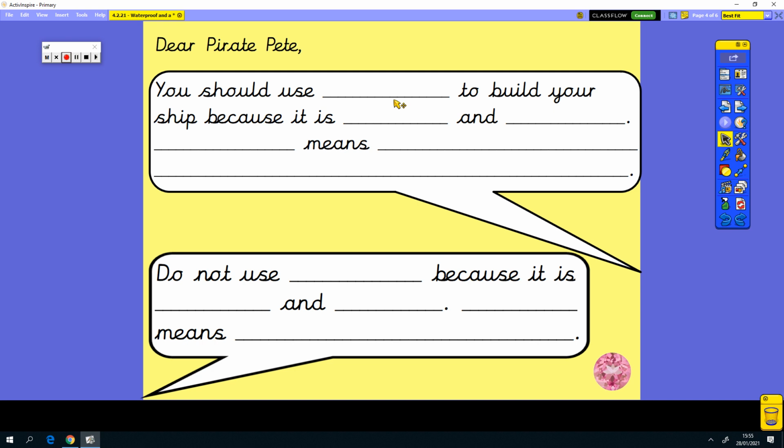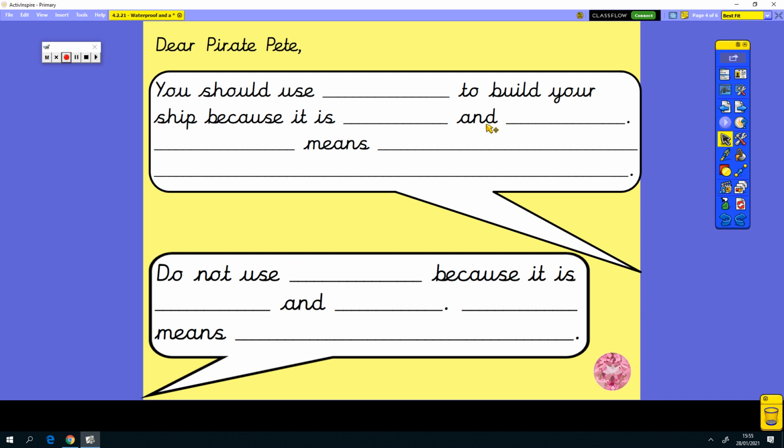Should he use water, metal, wood, cardboard, fabric? We need something that's going to be waterproof, something that is not going to soak up the water. I think it would be good to choose metal. So I would write, you should use metal to build your ship because it is waterproof.